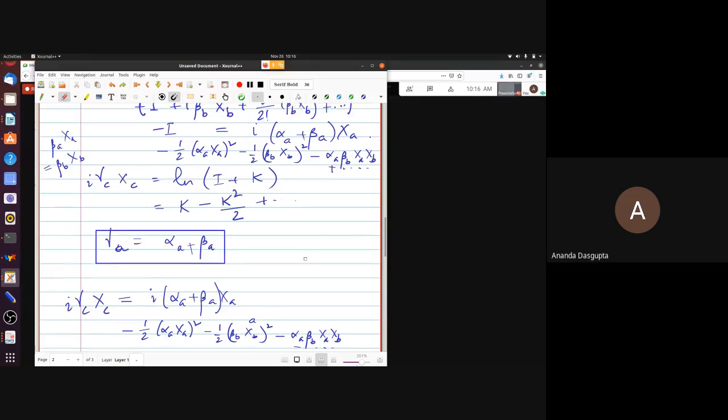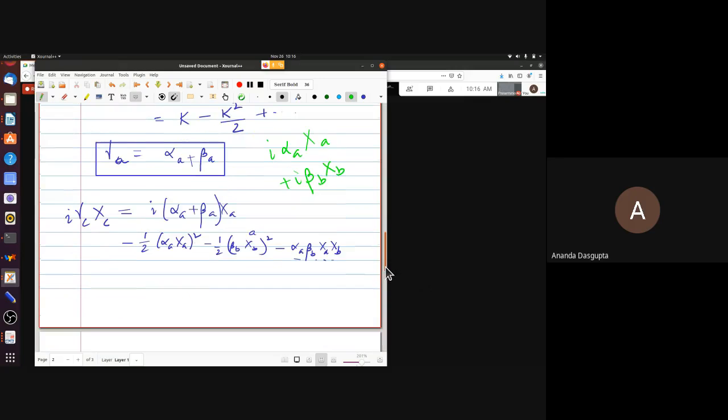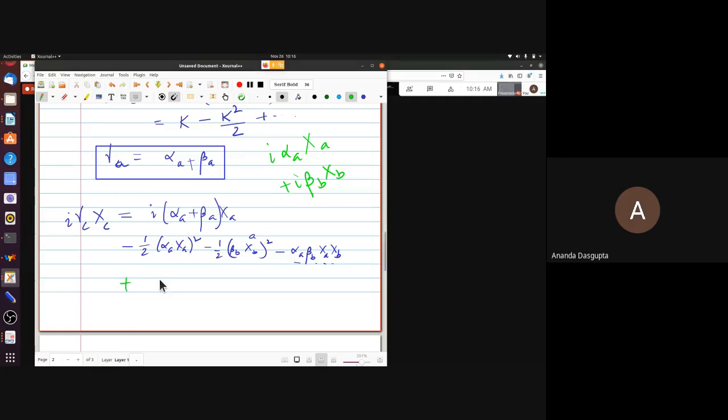So basically, what I have is i alpha a xa plus i beta b xb to first order, and you square that. There's a minus half in front, let's remember that.